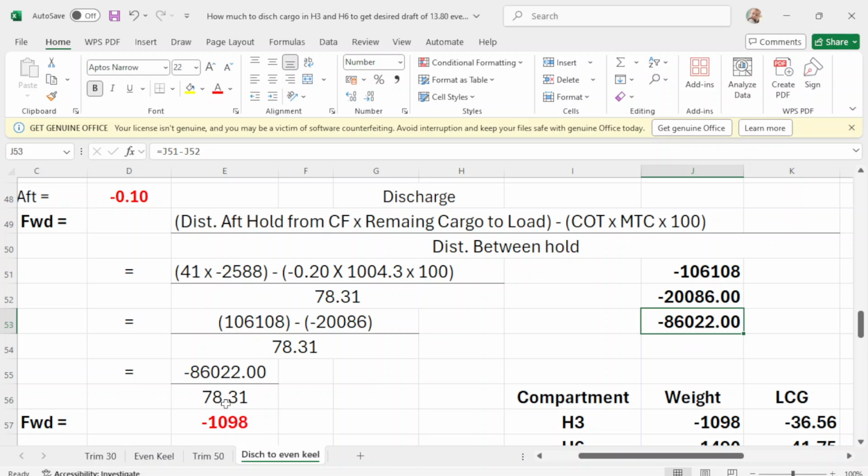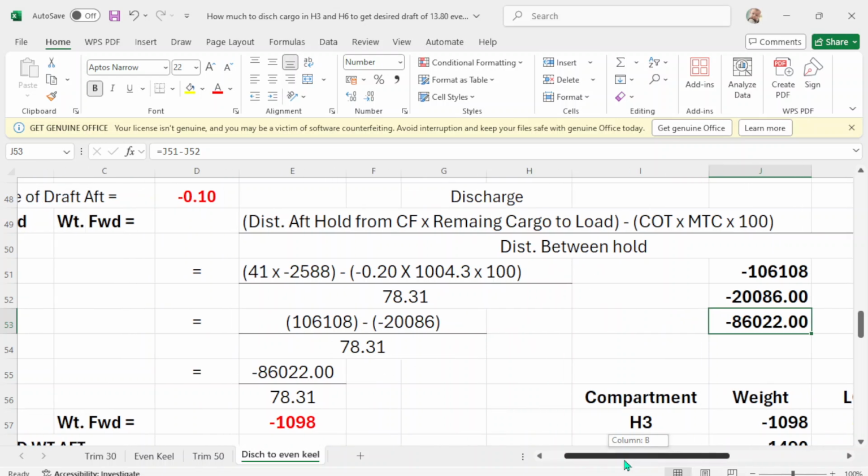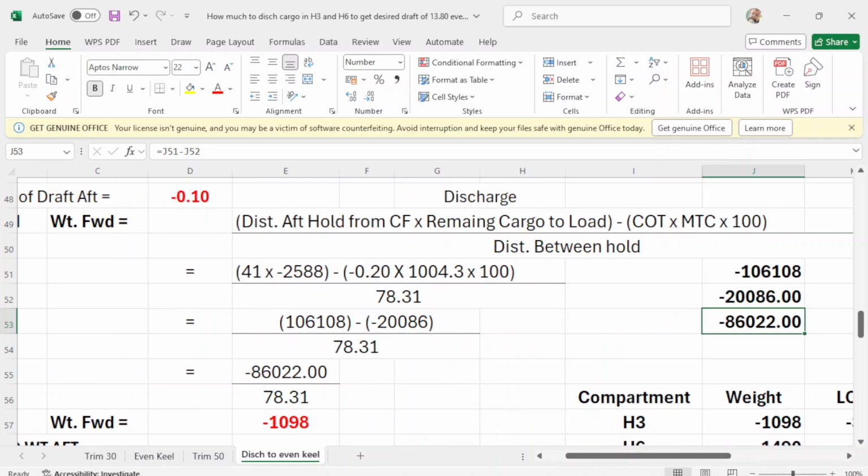Or divide by your distance between holds, and the forward hold to be discharged is negative 1098. So this is actually the forward hold, which is hold 3.